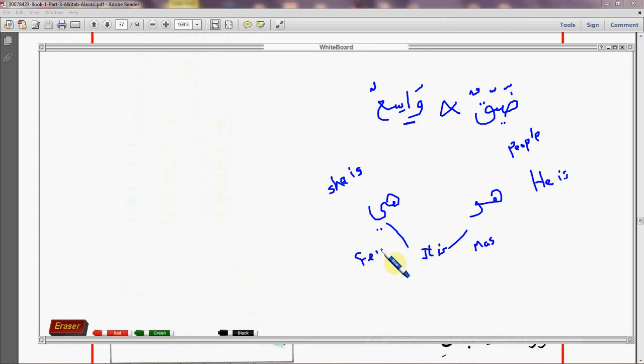So there is no it is in Arabic. It's only two pronouns that describe the people and the things. It should be huwa or hiya only.